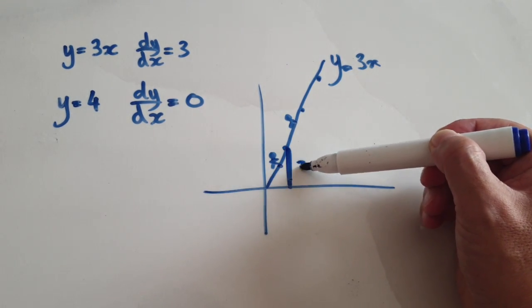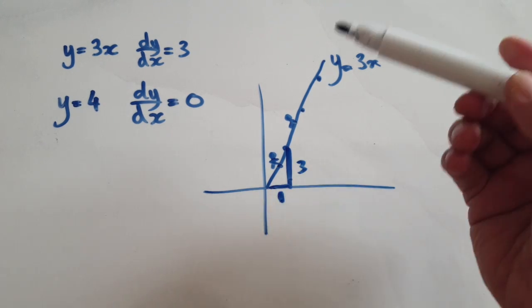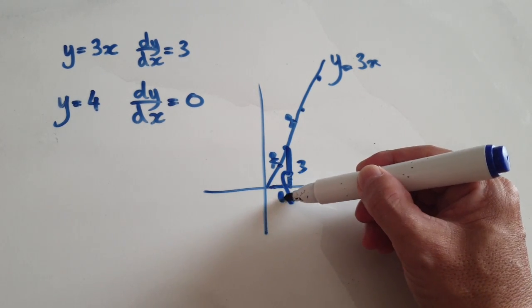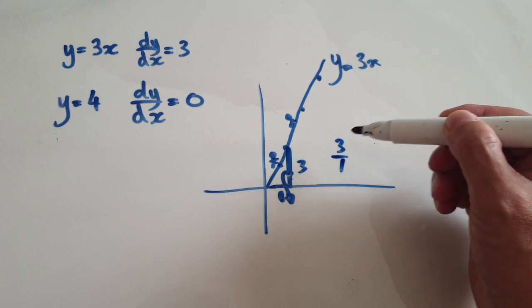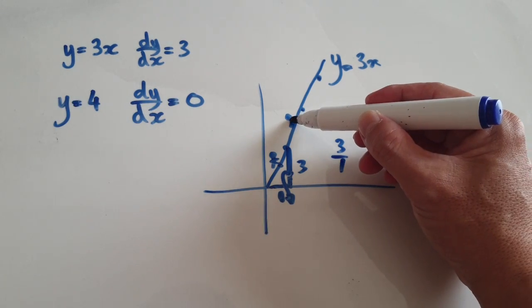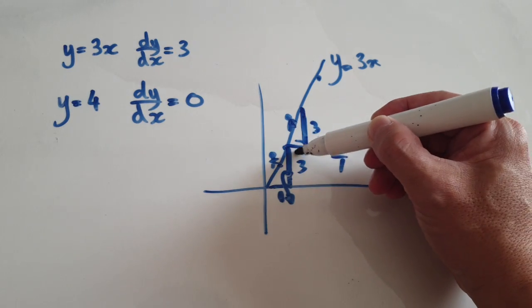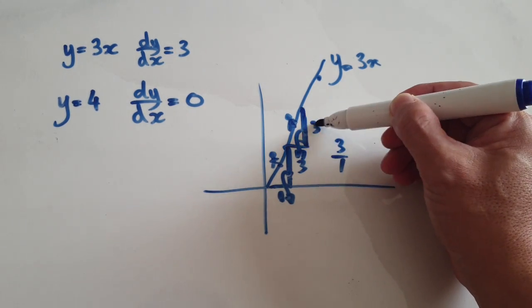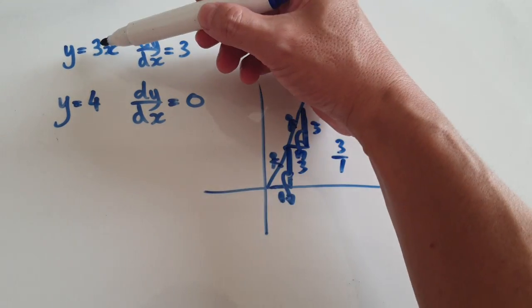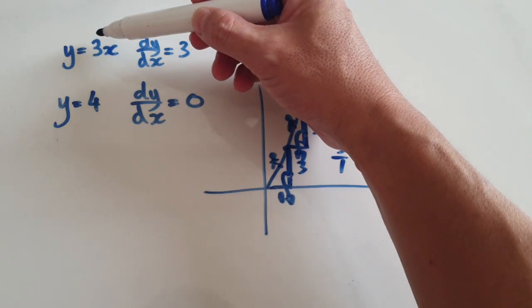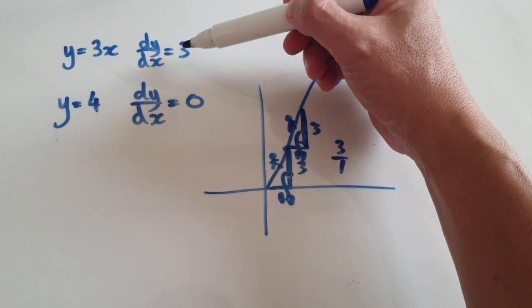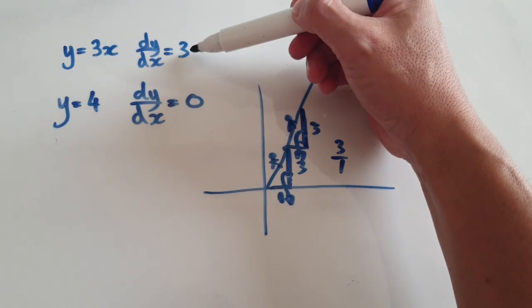Well, the height is 3, the crosshair is 1, the gradient is always 3 over 1, which is 3. If you're standing here, the gradient would be, well, the up and down is 3, the cross is 1, the gradient is 3 over 1, which is why when you differentiate a straight line, it would be the number in front of the x.